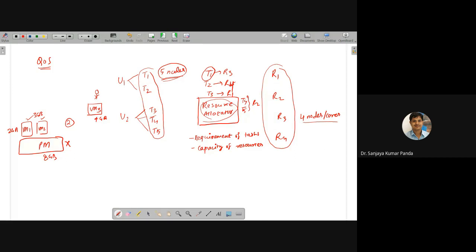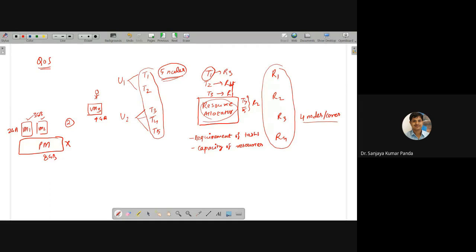If the guest has not mentioned hot water or cold water, you can serve any water because there is no specification given. There is no requirement. But if somebody specifies that he or she needs hot water, you cannot serve cold water. If you serve cold water, the requirement is not fulfilled.